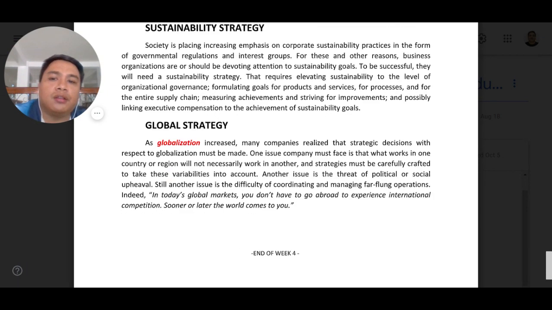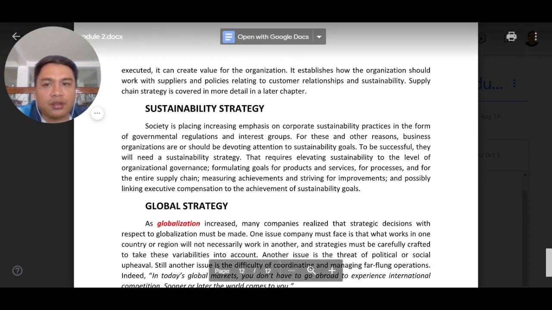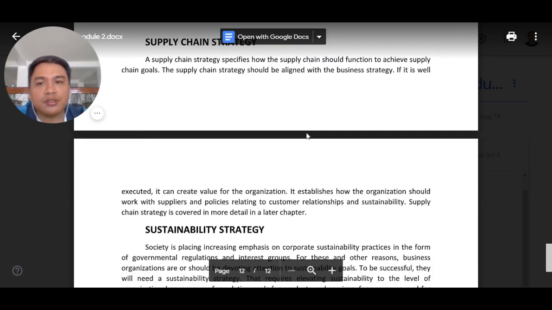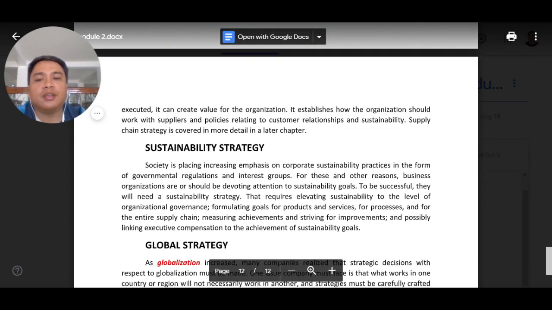The next one is the global strategy. How can you compete globally? What are the actions, steps, or processes in terms of competing in the international or global scene? Those are the different factors in terms of strategy.